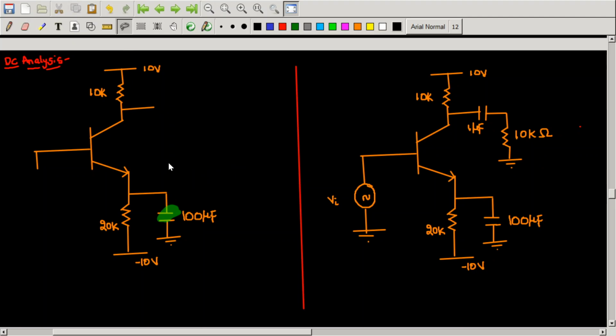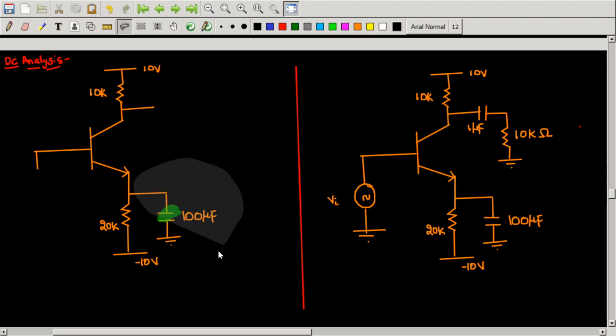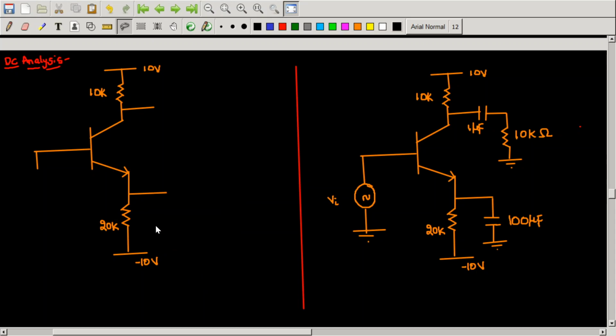And let me open these two capacitors. Because after deactivating, if I short this, it is connected to ground, right? So I will simply connect this to ground.